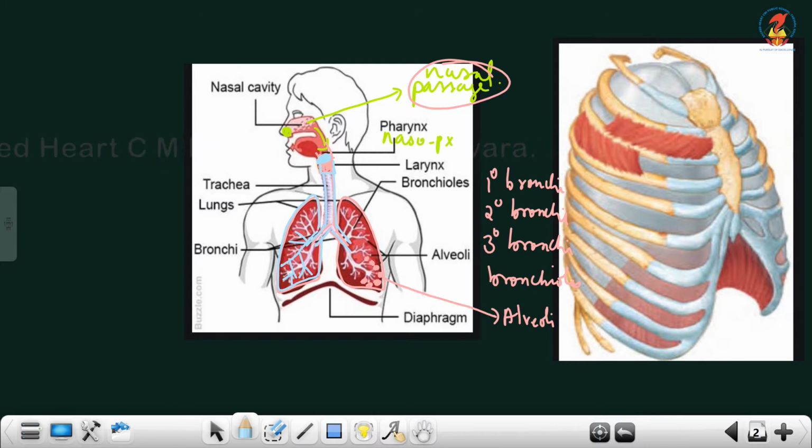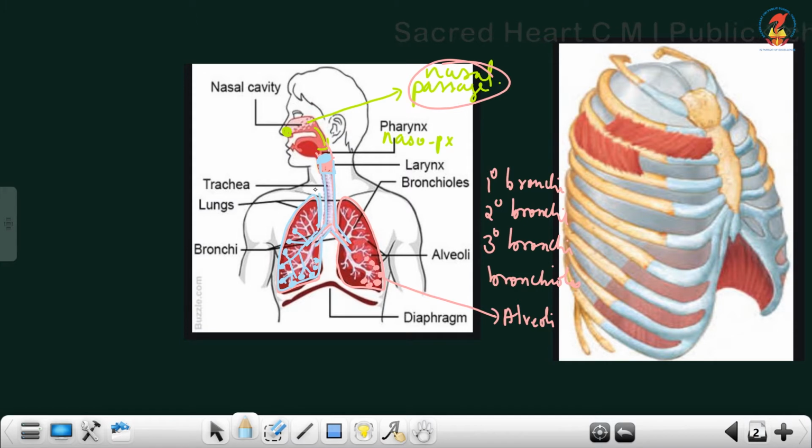First is the primary bronchi, then secondary bronchi, then finer branches called tertiary bronchi, and the finest branch is the bronchioles, and these bronchioles end up in air sacs. What are these air sacs? These air sacs are very fine, thin walled, irregular, highly vascularized air sacs called alveoli.